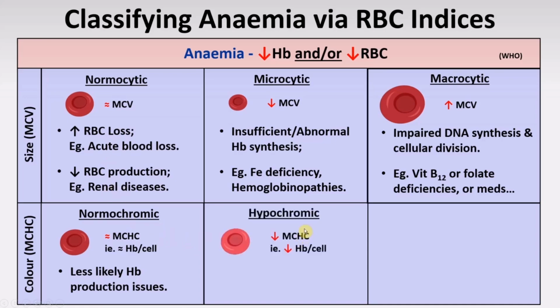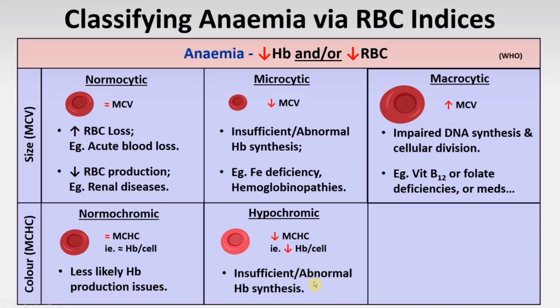Similarly, if we see a drop in MCHC, that's when the color of the red blood cells appears more pale, or what we call hypochromic. That's an indication that there's insufficient hemoglobin in the cells. Okay, and when this happens, this is an indication that there's insufficient production of hemoglobin.